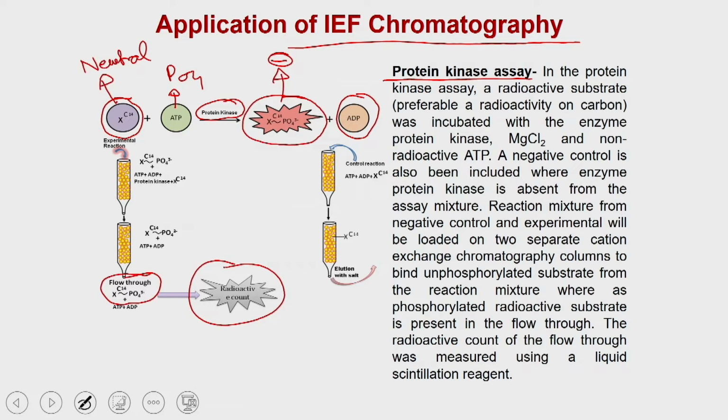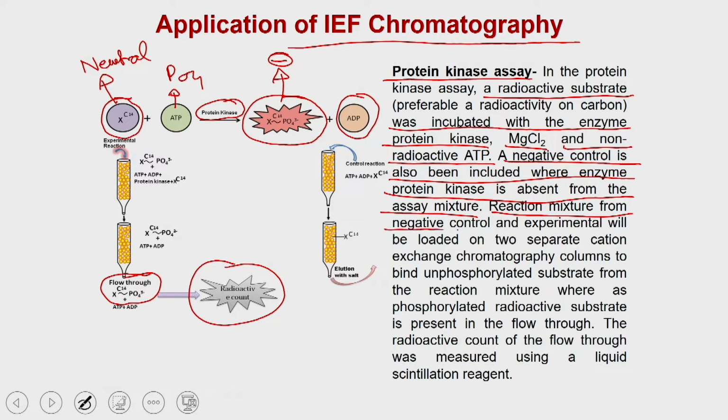In this kinase assay, a radioactive substrate is incubated with the enzyme protein kinase, MgCl2 and a non-radioactive ATP. A negative control is also incubated where the enzyme protein kinase is absent from the assay mixture. That will give you the background counts.